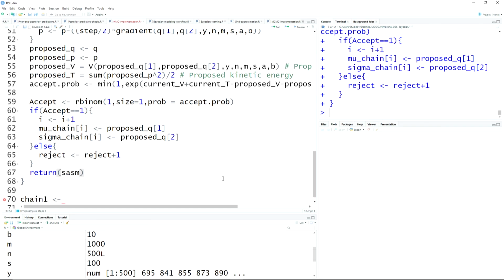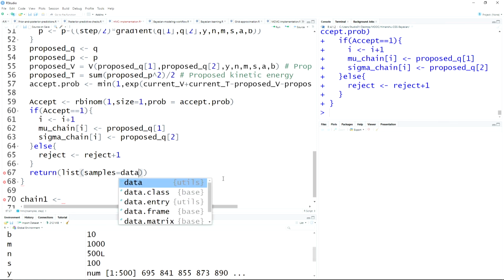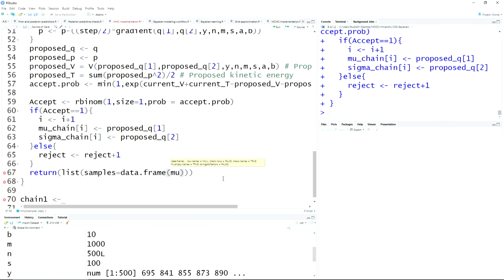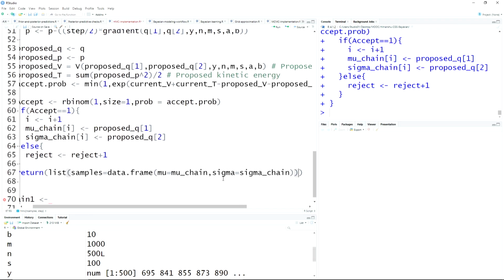Return samples equals to data frame of mu chain, sigma chain. So I'm going to return the posterior samples as a data frame.